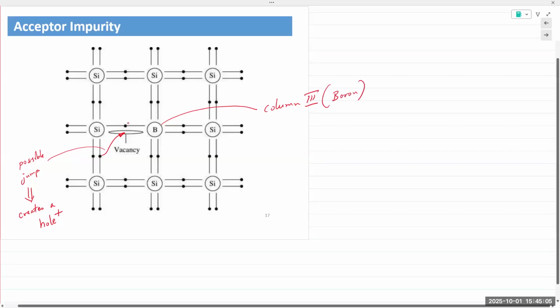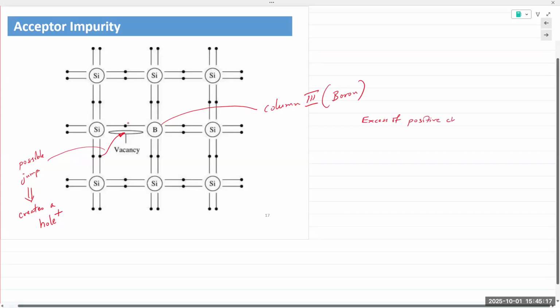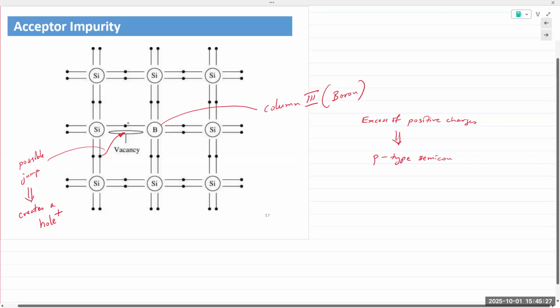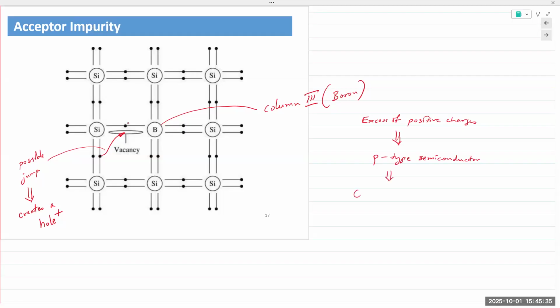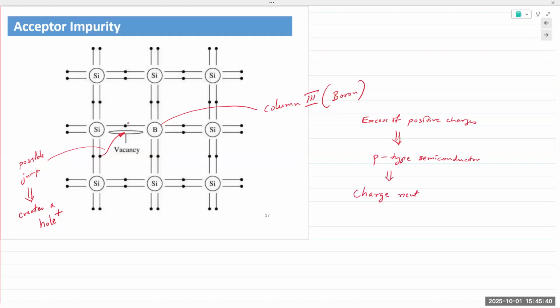The previous one was phosphorus, and excess of positive charges. And hence, this is known as a P-type semiconductor. And again, this is still charge neutral, or overall it is charge neutral.